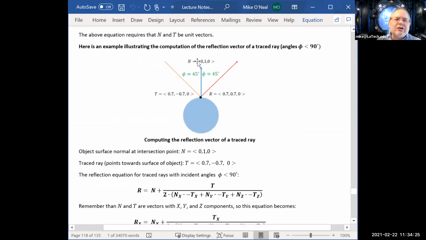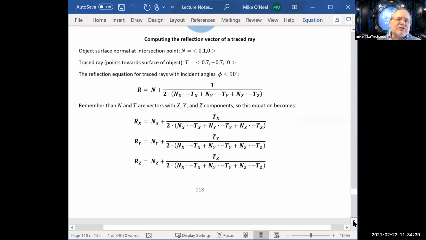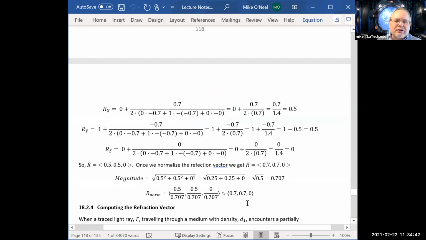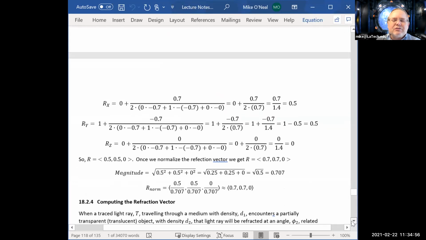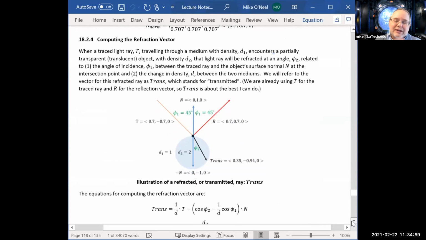You notice I did put what the actual surface normal was, what the actual angle was, what the actual T was and what the actual reflection vector was. I gave the numbers here, and those are the numbers that I computed here, right? So the math for running through your reflection vector matches the image. That's why I want to go back, and for my intersections, I want to do the same thing. I want to give you an image and run through math that matches the image.